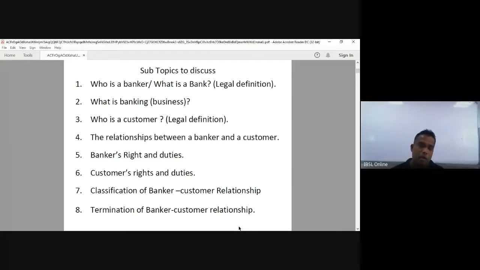That we are going to cover under topic number 7, classification of banker customer relationship. Then at last we are going to discuss termination of banker customer relationship. How to terminate it, what is the law applicable, what happens when the banker customer relationship ceases or is terminated. That part we are going to discuss under subtopic number 8.